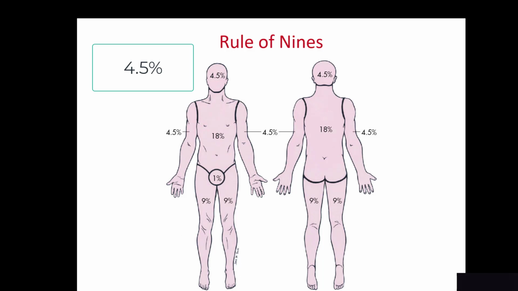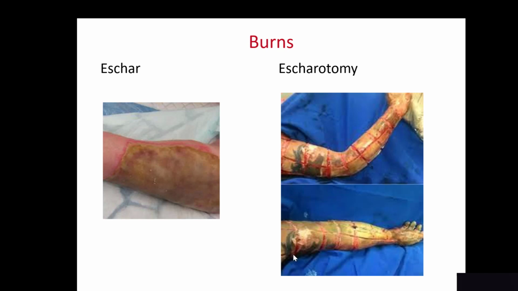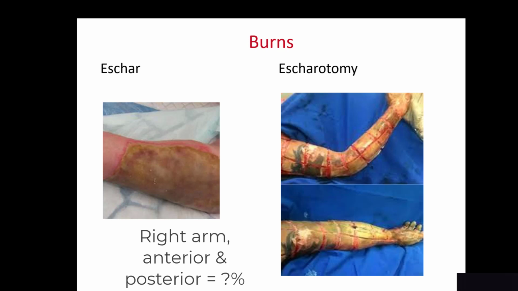Okay, good. So we go back to this picture. This person has one arm covered with third-degree burns on the front and back, on their right arm, front and back. Assuming there's no burns anywhere else on their body, what percentage would you say using our rule of 9s?